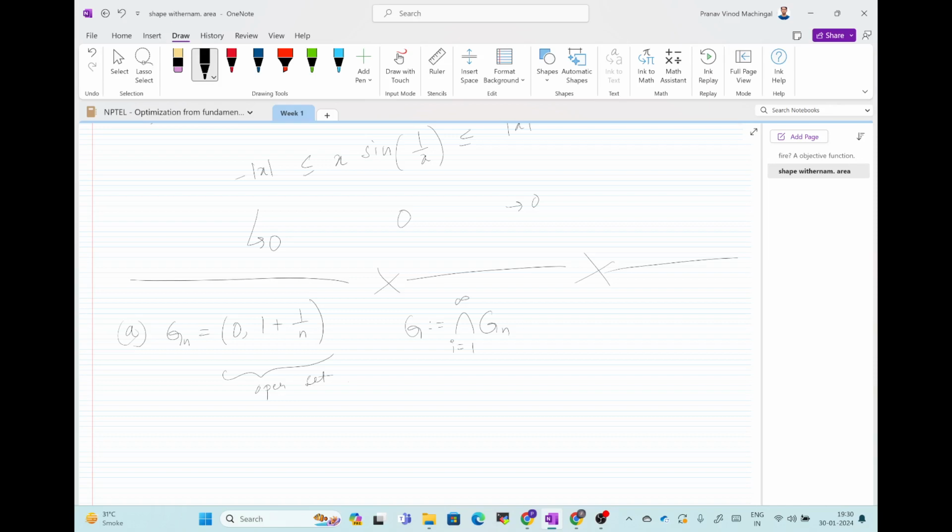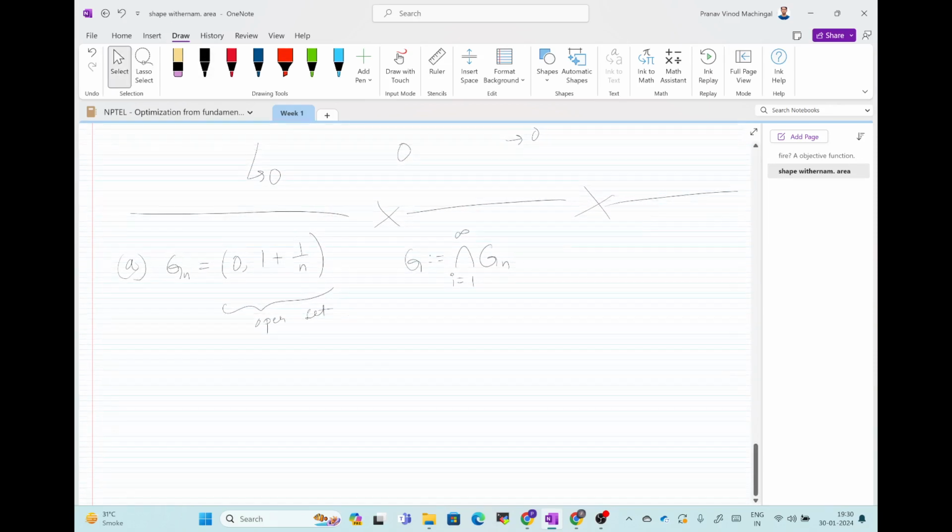But what you can see is there will be some set where 1 by some m. All are positive numbers, n is natural numbers, right?